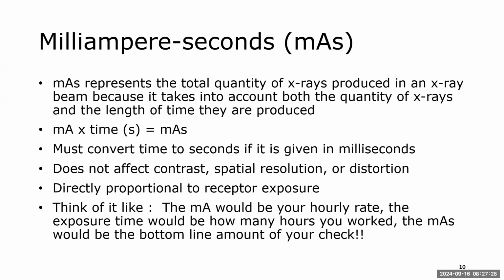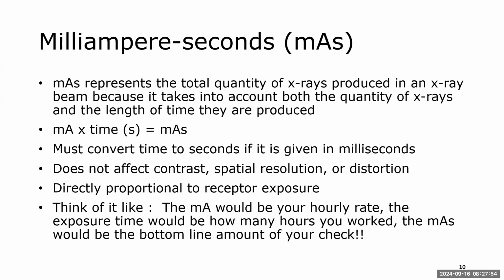So it's a combination of the two, okay? But everything else about it is exactly the same as it is individually for mA, individually for time. The relationships are the same to the number of photons that are created and therefore the amount of receptor exposure. So again, it also does not affect contrast, spatial resolution, or distortion.